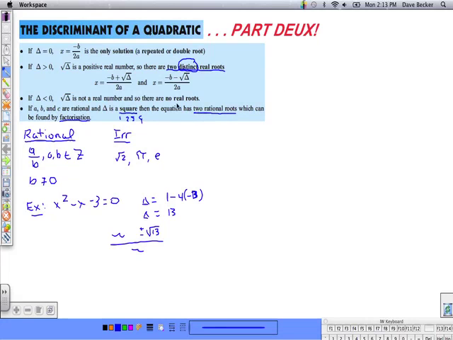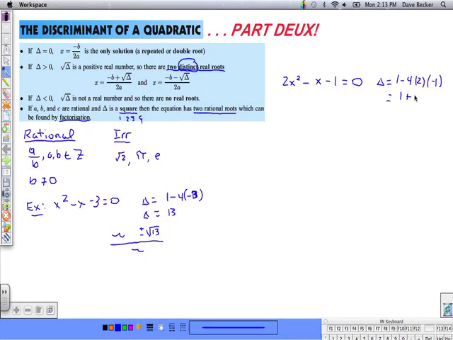But let's just talk about having delta as a perfect square. For example, if we had 2x squared minus x minus 1 equals 0, and I found delta. Well, delta would equal b squared, so negative 1 squared is 1, minus 4 times a times c. In this case, it's negative 1, so I am going to write it because the negative makes it important.